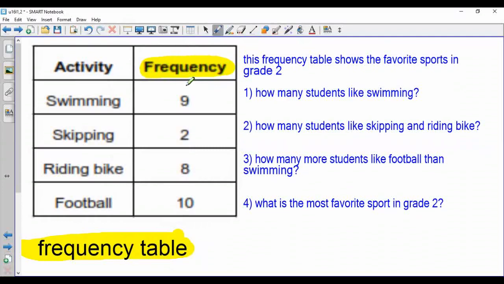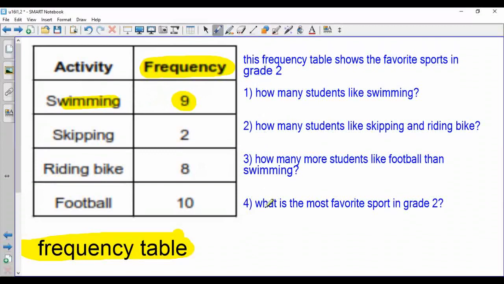In this example, I'm asking some group of children about their favorite sport. 9 children chose swimming, so the frequency of swimming is 9. This means 9 children voted for swimming as their favorite sport.